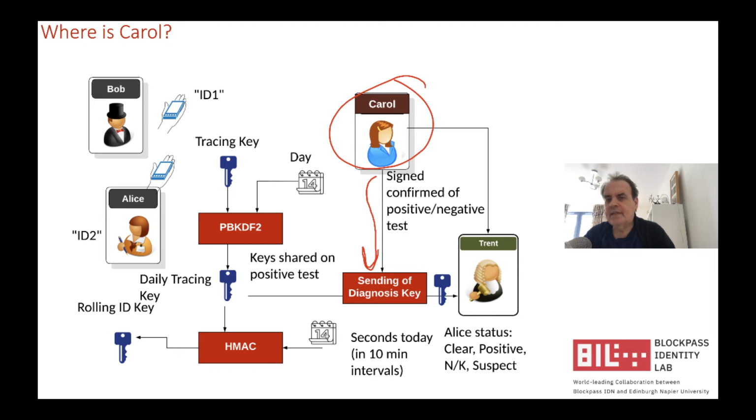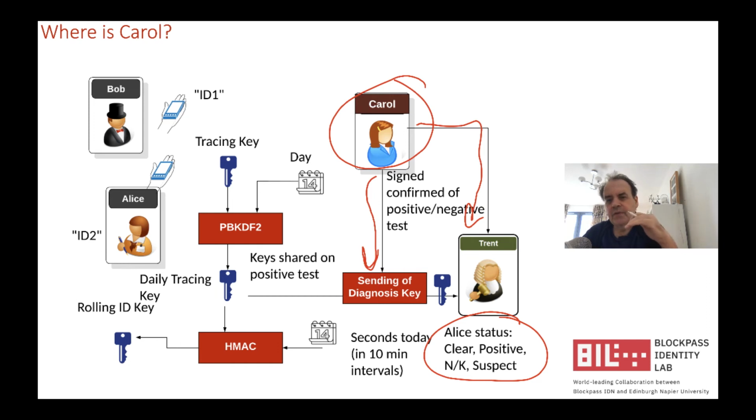A signed attestation of a trusted tester should stop the keys from leaving Alice's phone. Along with this, we need a way to make sure that Trent receives these tests of being positive or negative. Then Trent can update Alice's status as being clear, positive, not known, or suspect.